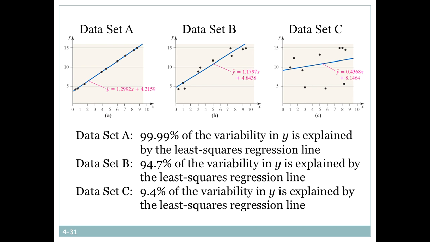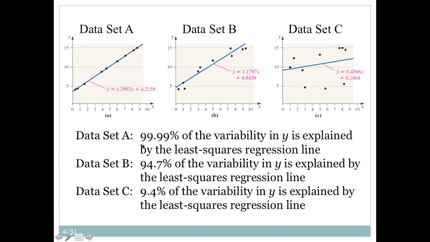So if you take a look at these data sets right here, you can kind of see a couple of examples where we have different R-squared values. So if you look at data set A here, we have a regression equation. And this one, if you look at the black dots and the blue line, you'll notice that the black dots all lie almost directly on the blue line or very, very close to the blue line.